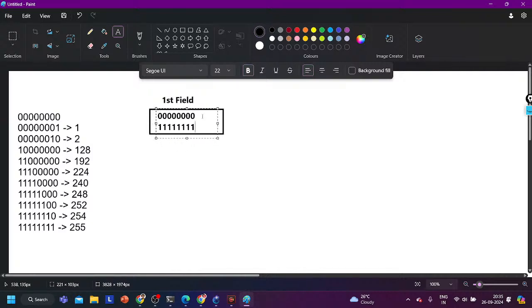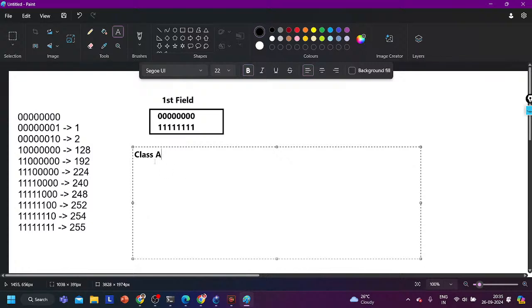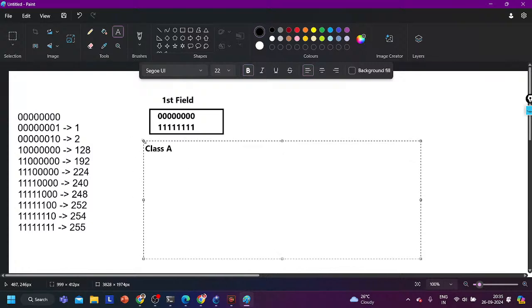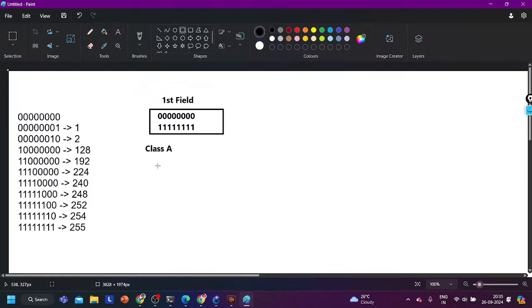This gives the minimum value and this gives the maximum value. So for class A, to get the range, we reserve 1 bit. That first bit is always 0.